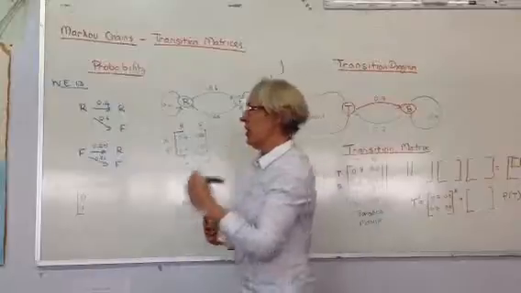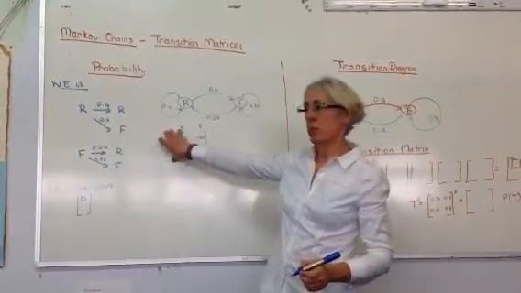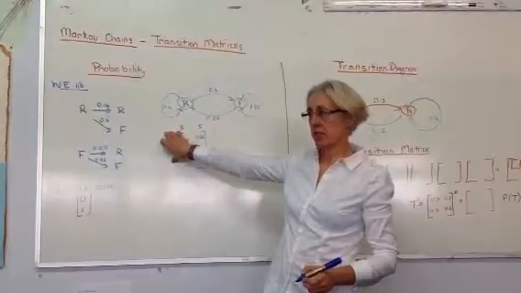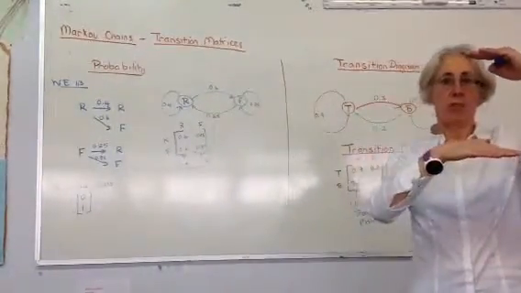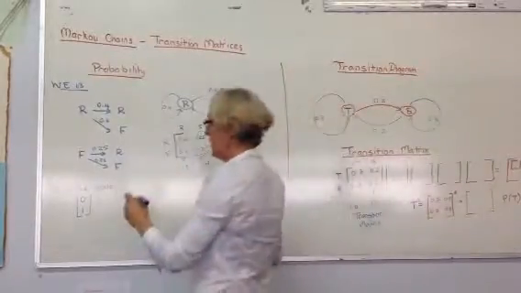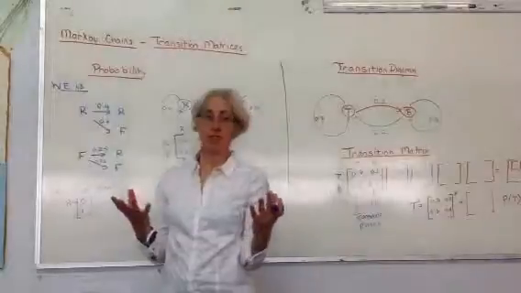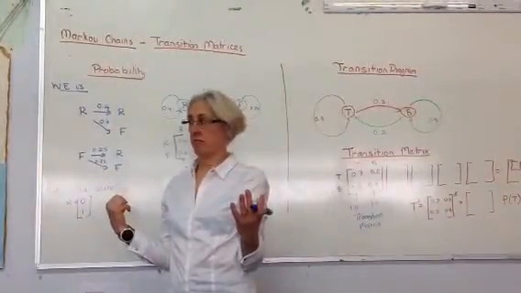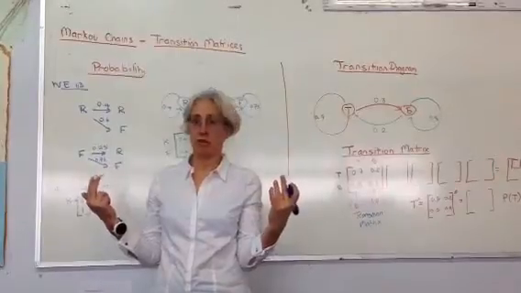The initial state is always in the same order as what we put into our transition matrix. The order of the transition matrix is raining on top, not raining on the bottom. So if it's not raining today, the raining impact at the moment is 0. There is no rain.